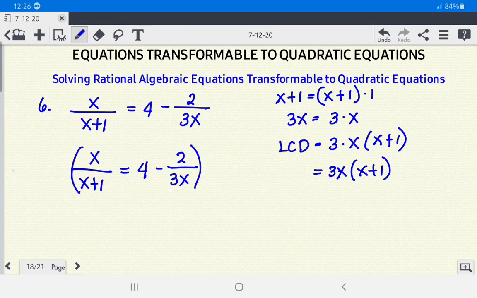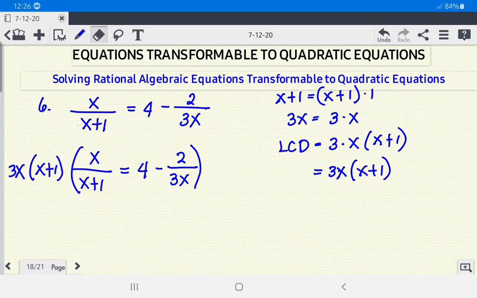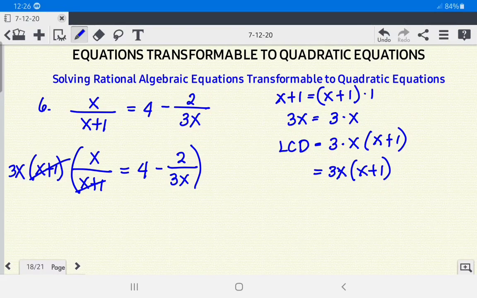Multiply both sides by the LCD, 3x times x plus 1. Then again, multiply this. We have 3x times x plus 1 times x divided by x plus 1. Okay, we can now cancel x plus 1. So we have only 3x and then x.